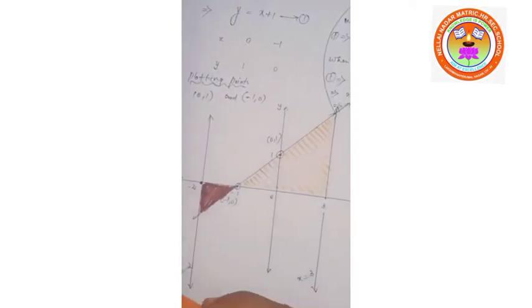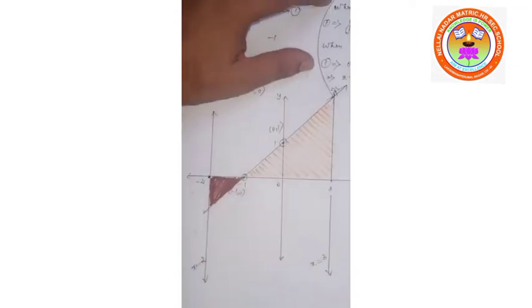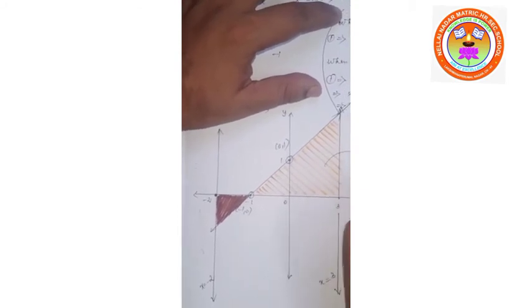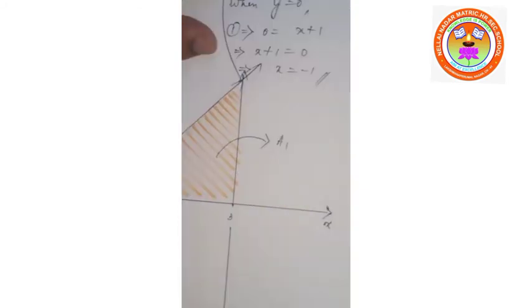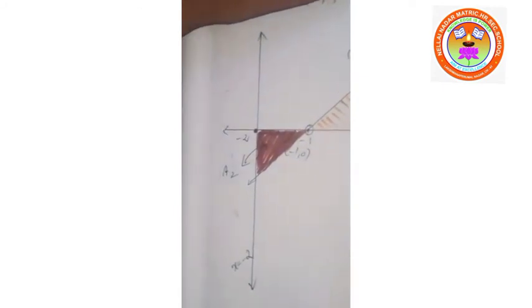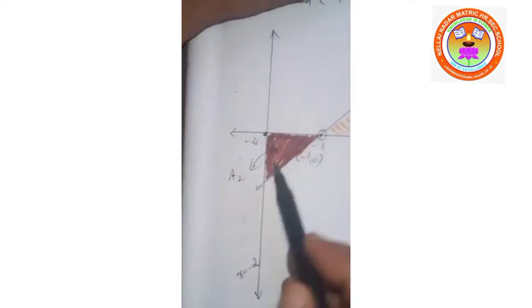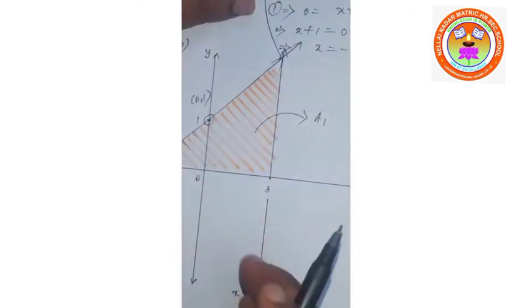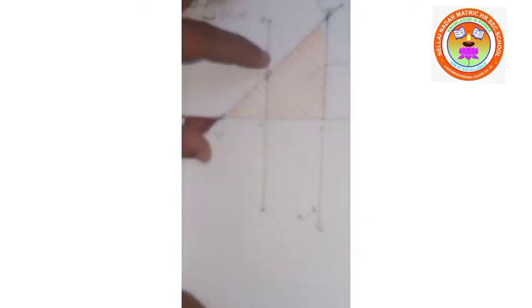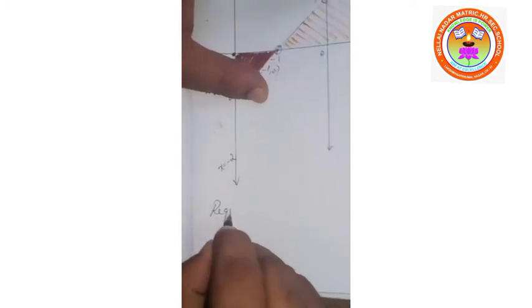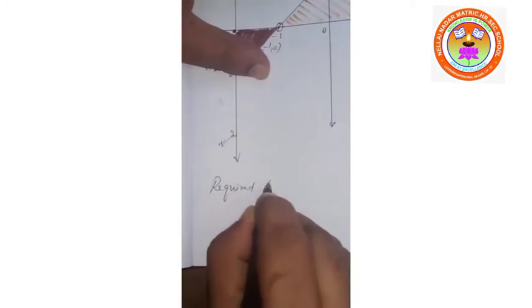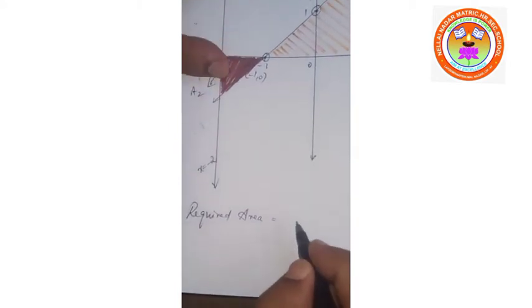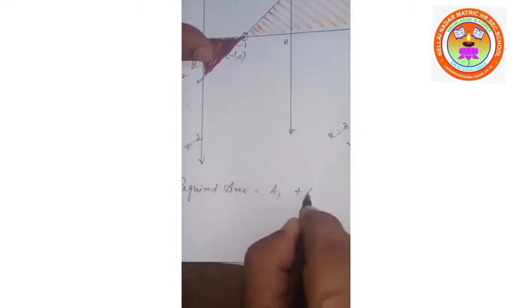Okay. I consider this region as A1, area 1, this one as A2. This closed region lies below x-axis, this one lies above x-axis. I write over here, required area equals A1 plus A2.